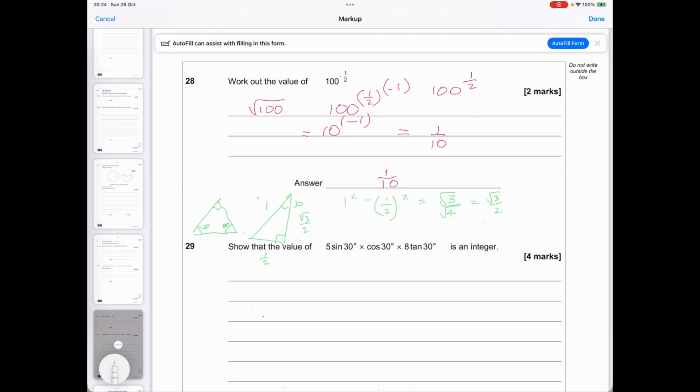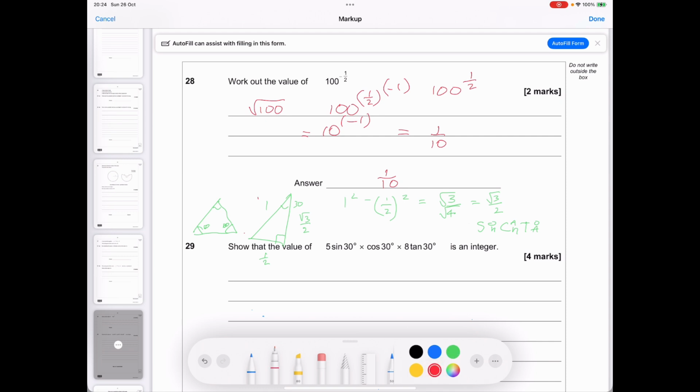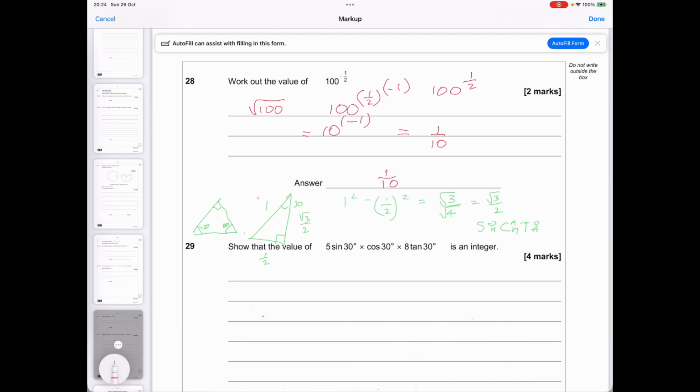Now, using SOHCAHTOA, we know that sine of 30 equals opposite over hypotenuse. So sine 30 equals a half over 1, which is a half. And cos of 30 equals adjacent over 1, which equals root 3 over 2.